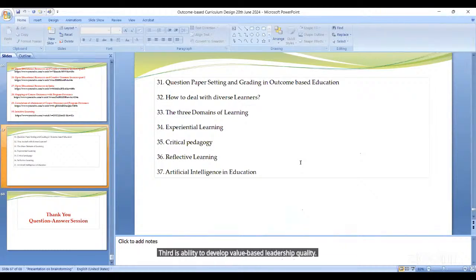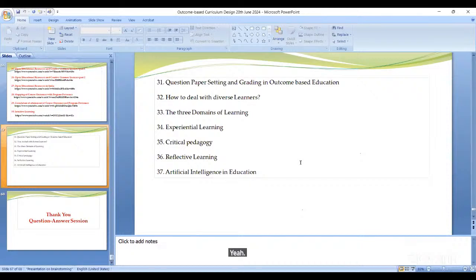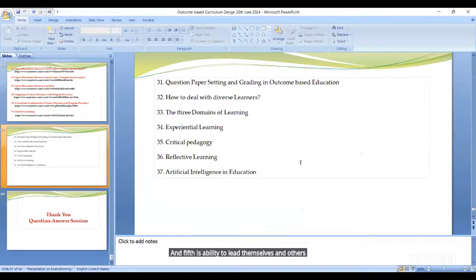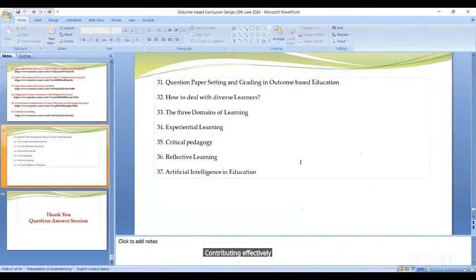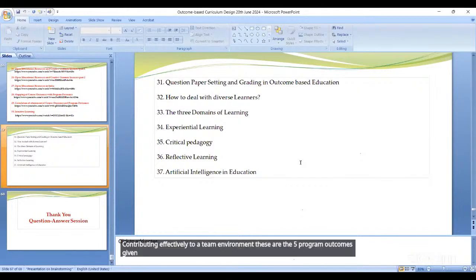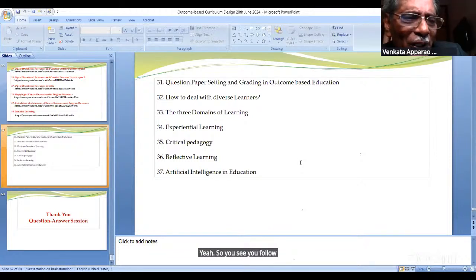Fourth, ability to understand, analyze, and communicate global economic, legal, and ethical aspects of business. Fifth, ability to lead themselves and others in the achievement of organizational goals, contributing effectively to a team environment. These are the 5 program outcomes given by NBA. So you follow the NBA program outcomes, there is no doubt about it.